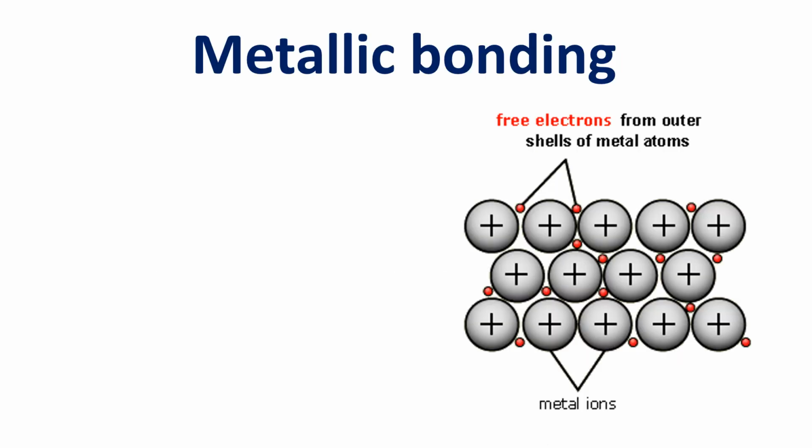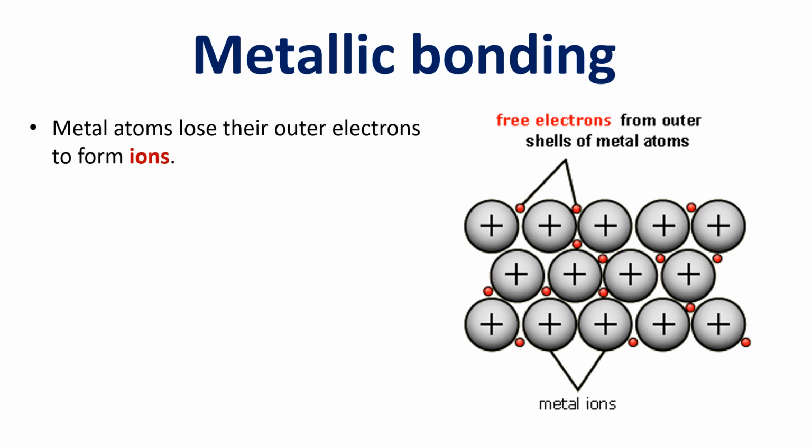Metallic bonding, our last type. In metallic bonding, you have got free electrons, a sea of free delocalized electrons in layers of metal ions. I know it says free electrons from outer shells of metal atoms, but by losing those outer electrons, you have the formation of metal ions and layers of metal ions.